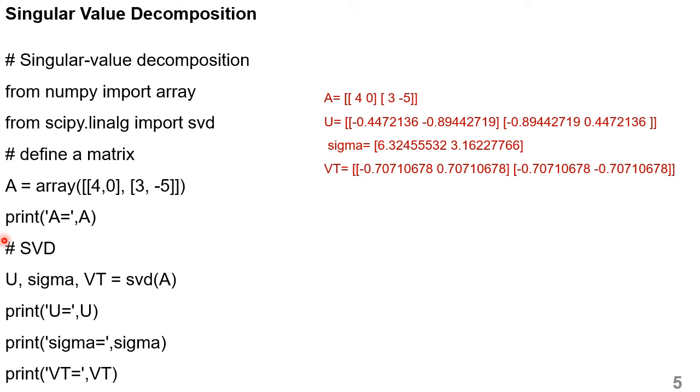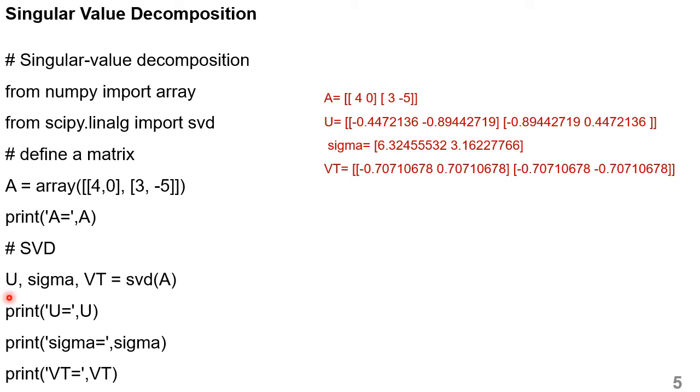And if I want to observe the matrix, I need to make use of print statement, and when I execute this code, I am going to get the output as A is equal to 4, 0, 3, minus 5. Then I have to apply the SVD.